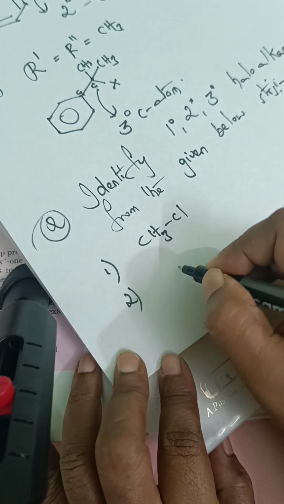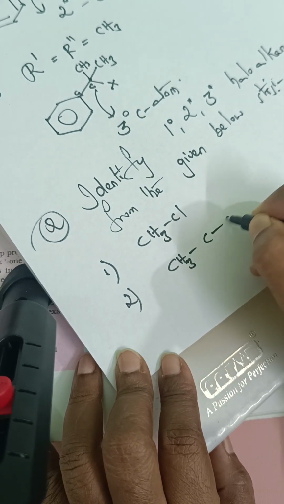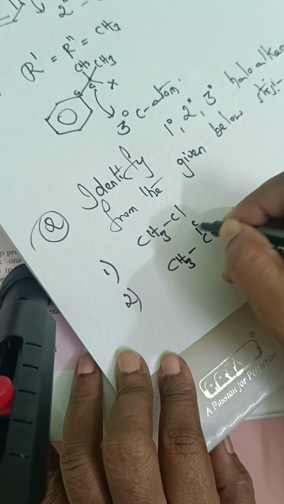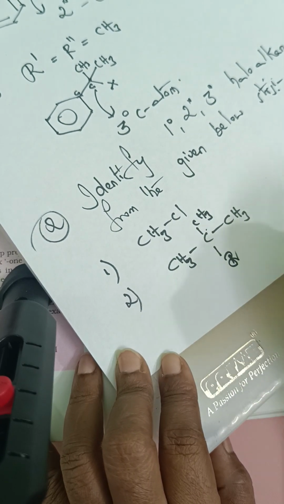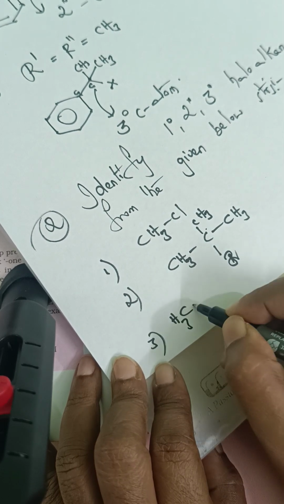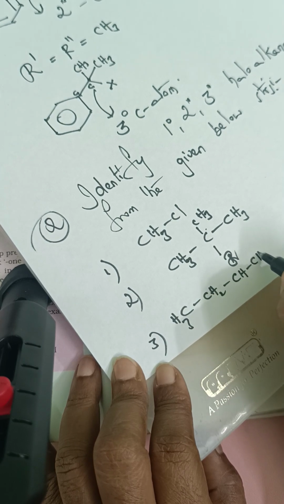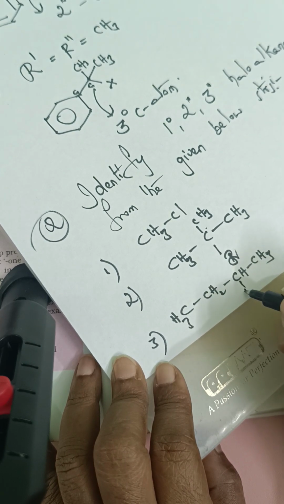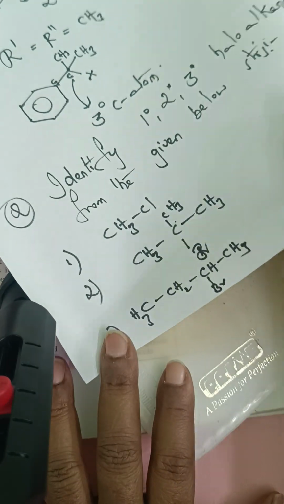CH3Cl. Second one is CH3, C, bonded to CH3, another CH3, and Br. The third one is CH3 CH2 CH3, here one bromine group is attached. Now you try to solve this question.